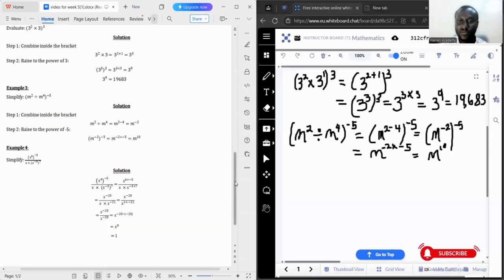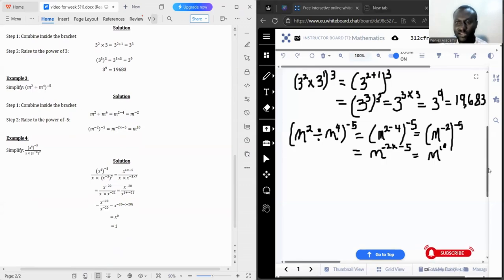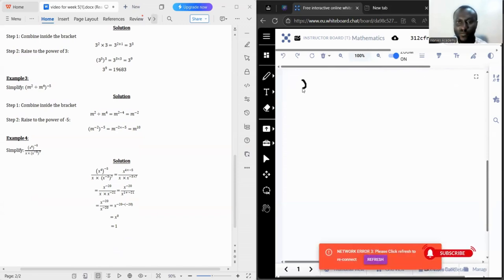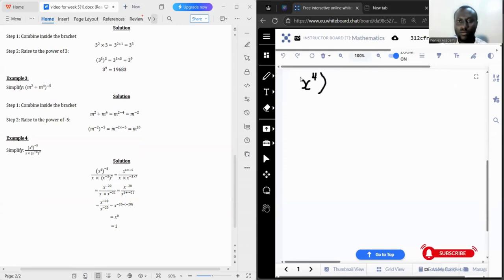Finally, for today, we'll look at the last example, which says x raised to power 4, then raised to power negative 5, everything over x multiplies x raised to power negative 3, raised to power 7.